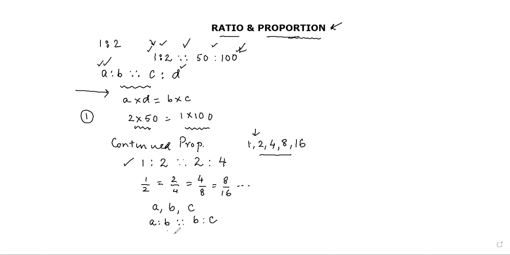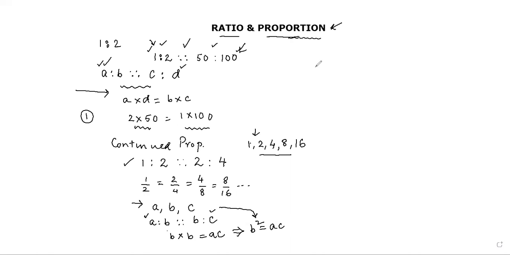I can say that B into B is equal to AC. I hope it was easy to understand. So this implies B square is equal to AC. Very important. Many times the question begins that A, B, C are in continued proportion, and that simply means that you have to understand that B square is equal to AC.